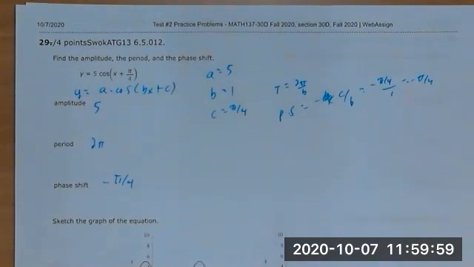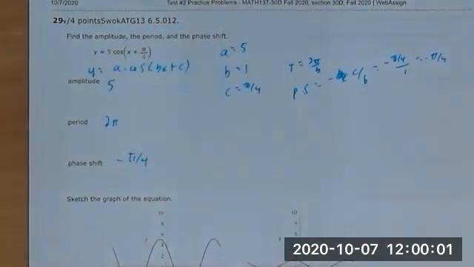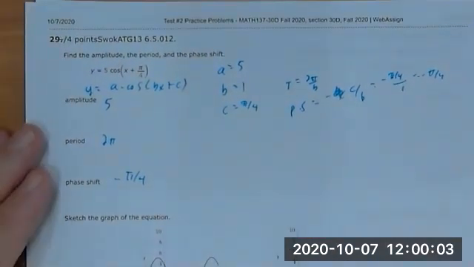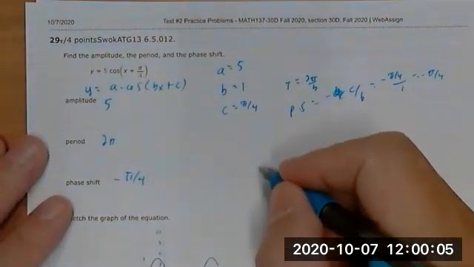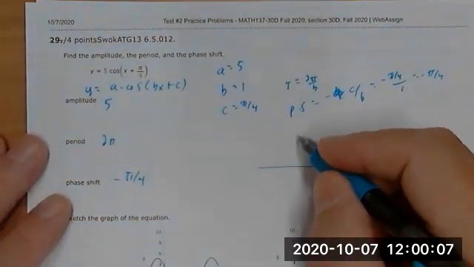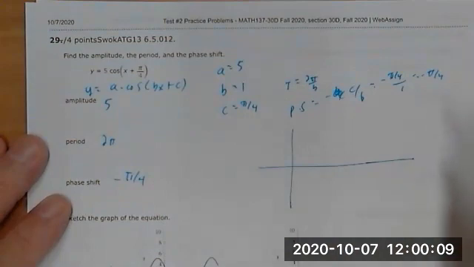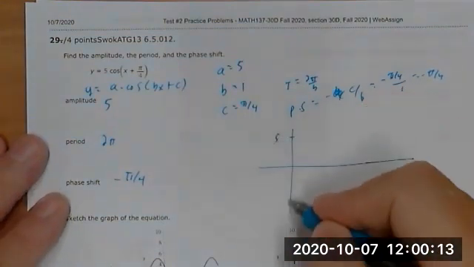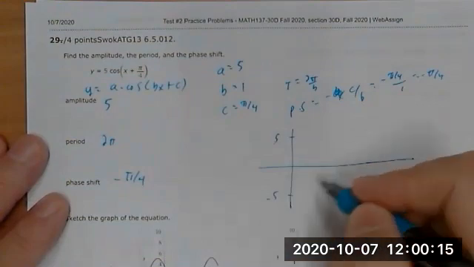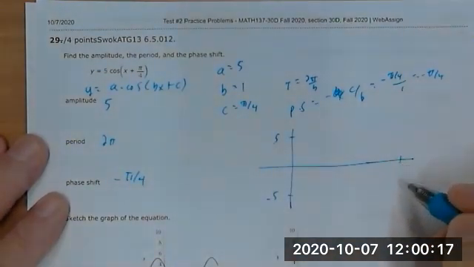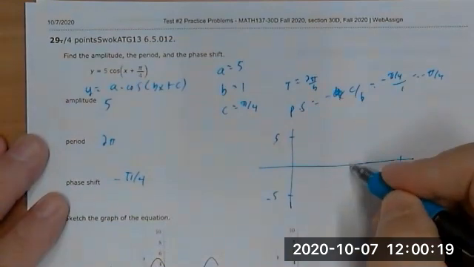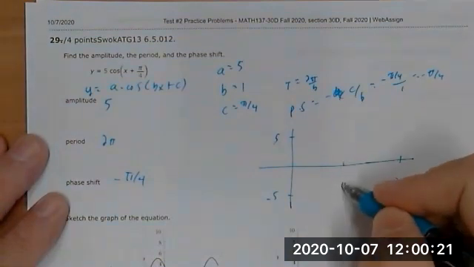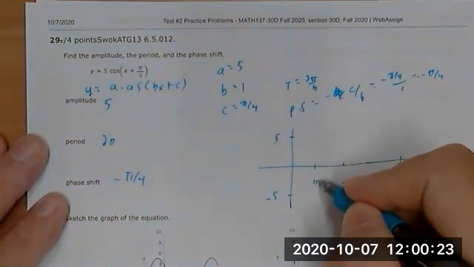This looks just like the problem we did, except it's cosine instead of sine. So now, once again, here amplitude is 5, so we make these 5 and -5. Period's 2 pi, half is pi, half of that's pi over 2.